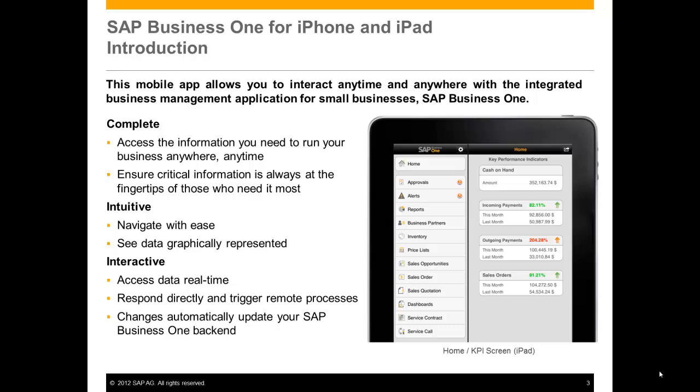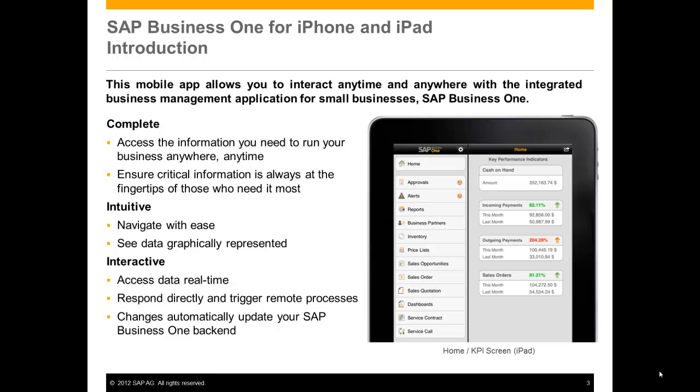So for those of you who may not be familiar with the SAP Business One mobile application, the purpose of the app is it allows you to interact anytime and anywhere with the SAP Business One application, which, as you're probably aware, is SAP's integrated business management solution for small businesses.